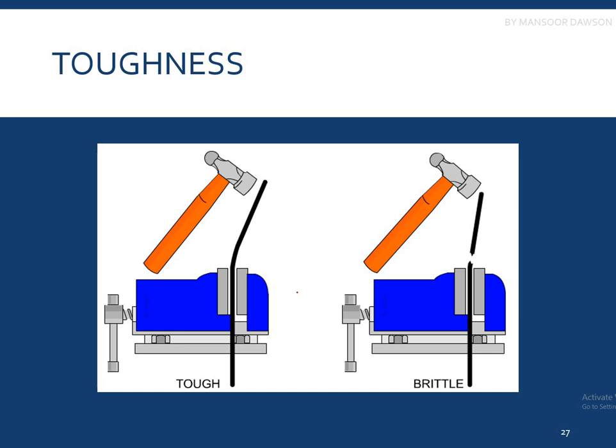Toughness, as you can see from this image, is when we strike a hammer on this thin plate, it can be a plate or it can be a wire, and it is trying to bend, it is not breaking. But if the material is brittle, it would immediately break into two or more pieces. So this is brittle and this is tough, as it can absorb more energy.